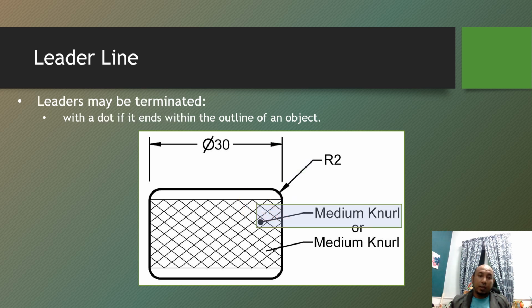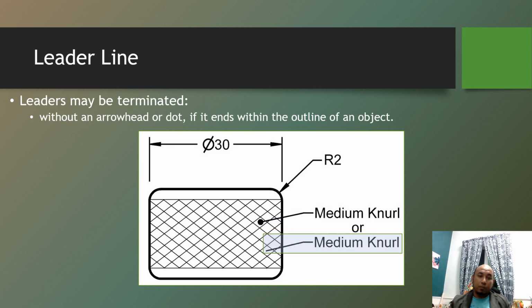Okay, and then with a dot if it ends within the outline of the object. Macam ni contoh. Menunjukkan this one is apa? Without an arrow or dot if it ends on the outline of the object. This one. Dia punya contoh je.